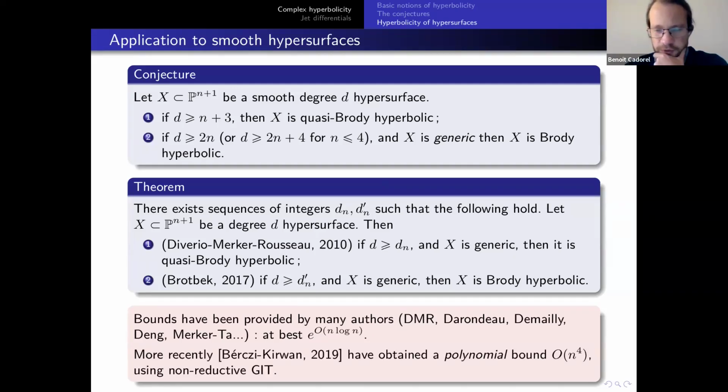And quite recently, five years ago, Bérczi and Kirwan obtained a polynomial bound in these results. So we are still very far from the linear bounds which are predicted by this conjecture, but still this is much better than these super exponential bounds. And the way they proved their result was by using non-reductive GIT.